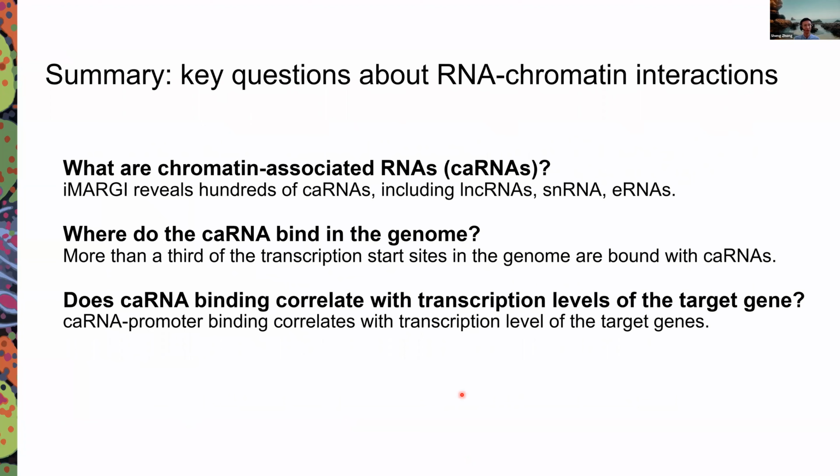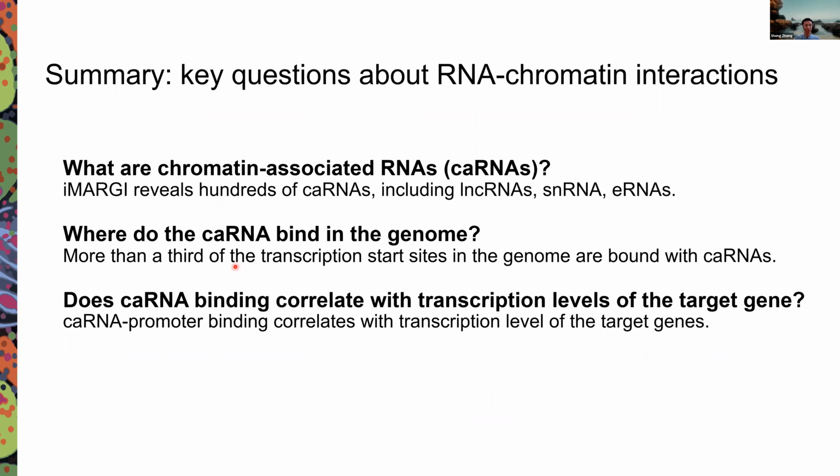Coming back to the key questions that we wanted to ask a few years back. First, what are the chromatin-associated RNAs? Leveraging iMARGI, we have seen hundreds of chromatin-associated RNAs, including long non-coding RNAs, small nuclear RNAs, and enhancer-derived eRNAs. And where do these chromatin-associated RNAs bind in the genome?